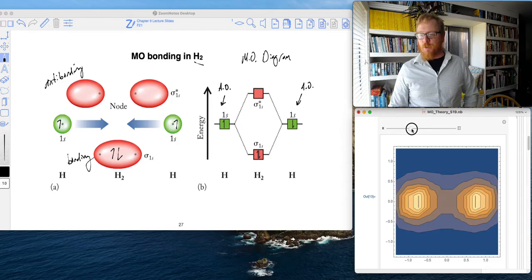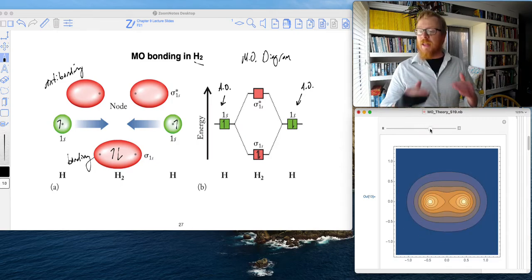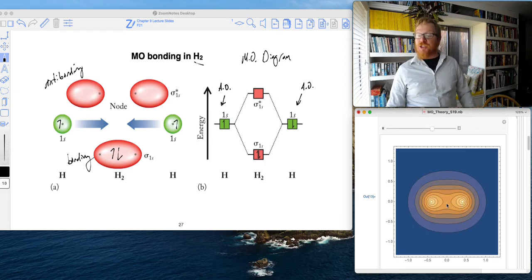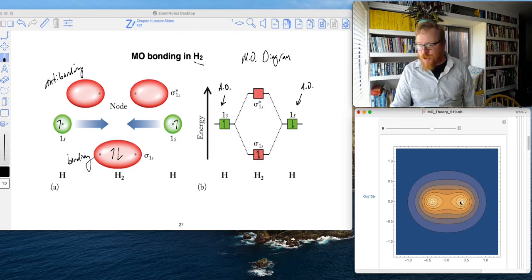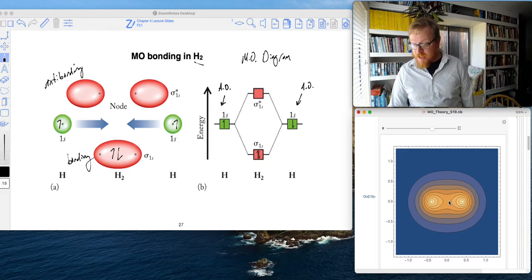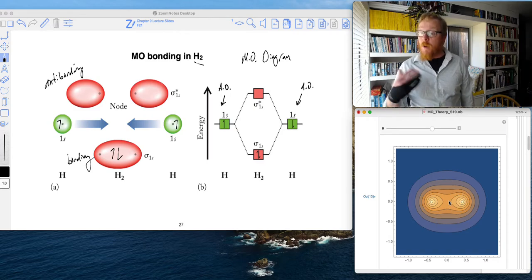What's pretty cool is when I get them to where they're overlapping, there's now constructive interference in what we call the internuclear zone, the internuclear region, the space between the two nuclei. And that constructive interference leads to a bond, which is pretty cool.